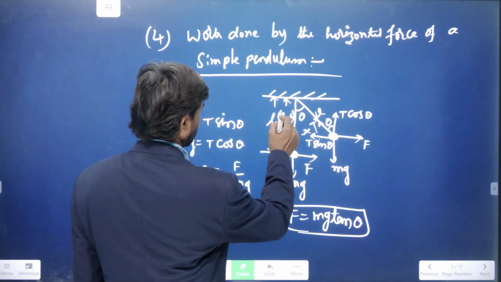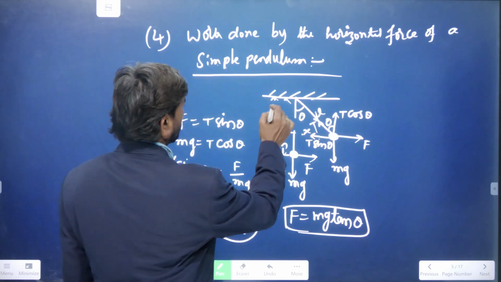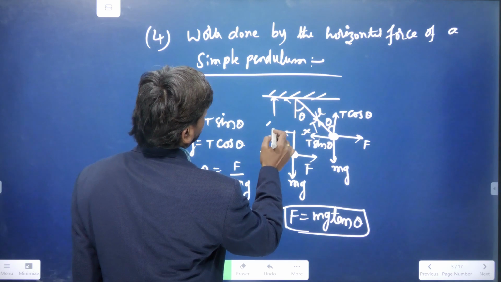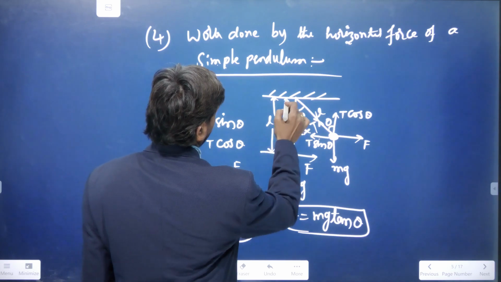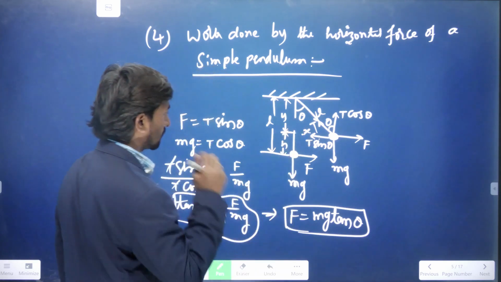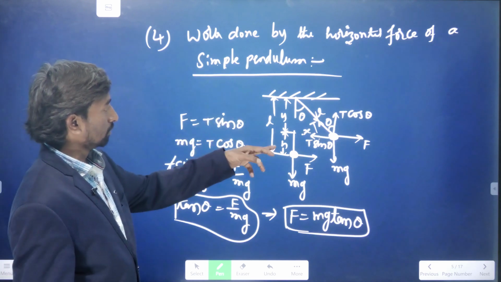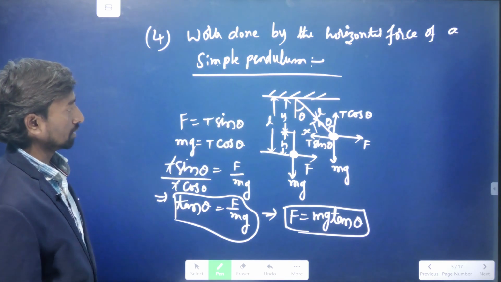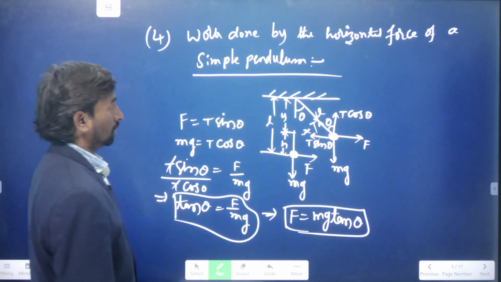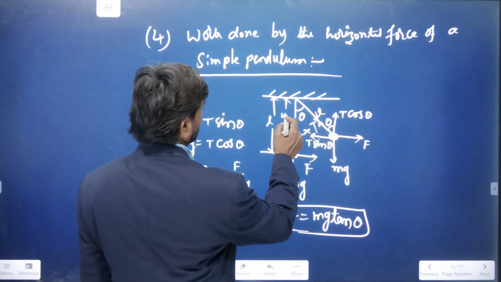I'll write like this: this is the length L, and consider this as y. What can we write here? Y is nothing but the total length minus this h, so y is equal to L minus h.